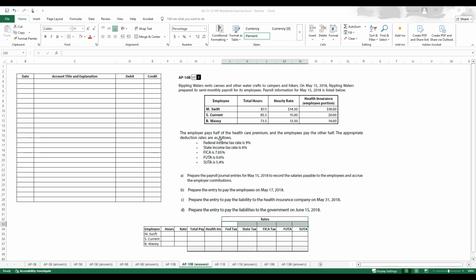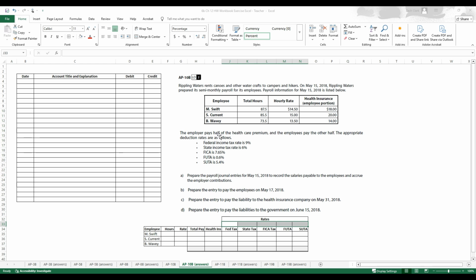And then the appropriate deduction rates here are federal income taxes 9%, state income taxes 6%, FICA 7.65%, FUTA 0.6%, SUTA 5.4%. Something to note here as well is that FUTA and SUTA are the unemployment taxes, and those are paid by the company, not by the employees.